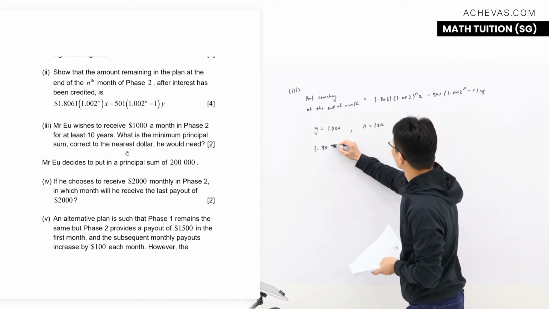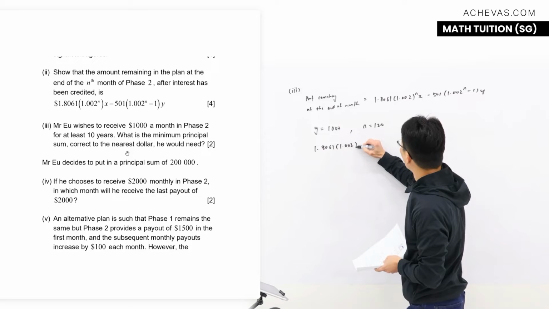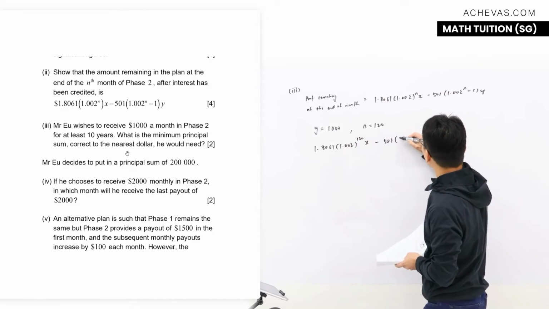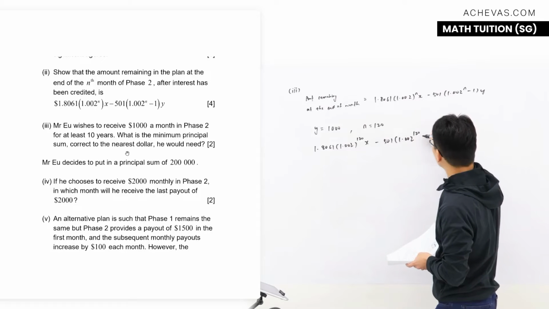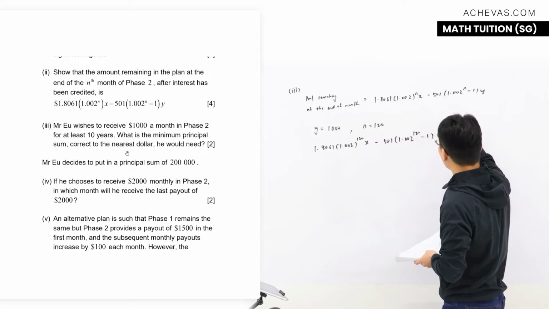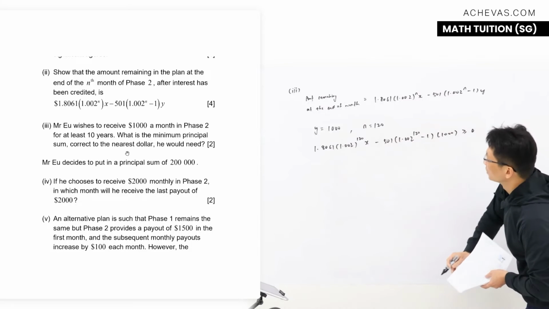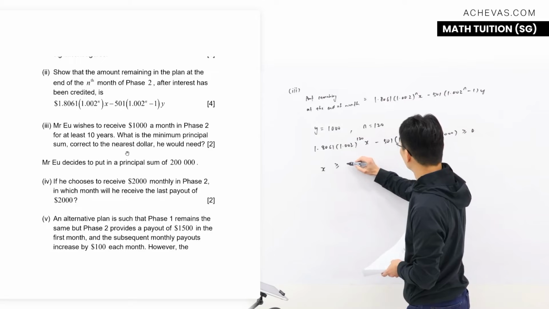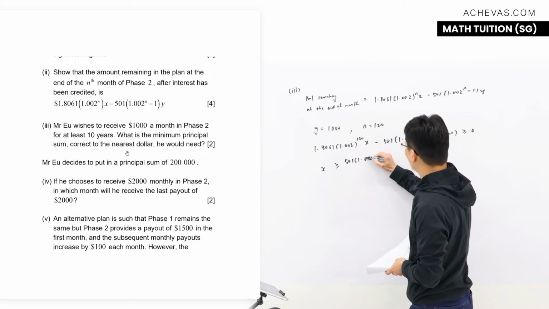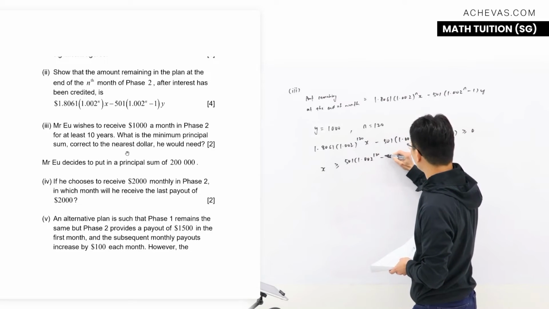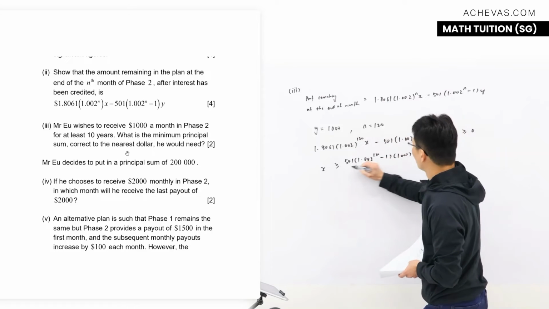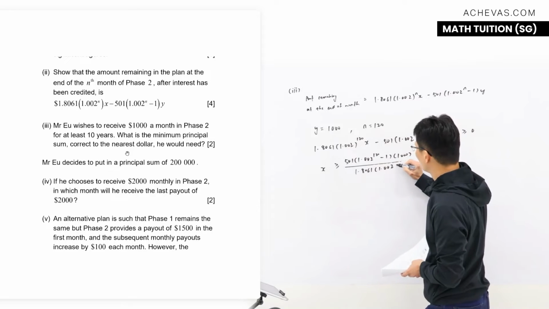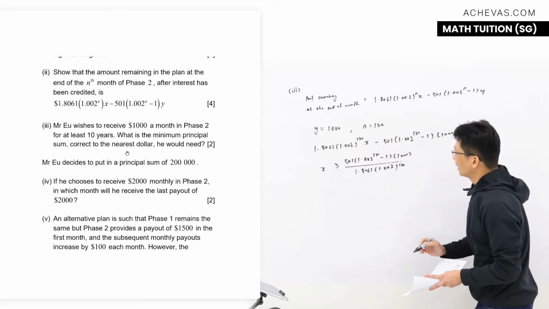I can just substitute my n, which is 120: x minus 501 × (1.002^120 - 1) × 1000, and I will set it to be greater than or equal to 0. I will re-express x to become greater than or equal to 501 × (1.002^120 - 1) × 1000, divided by 1.8061 × 1.002^120.